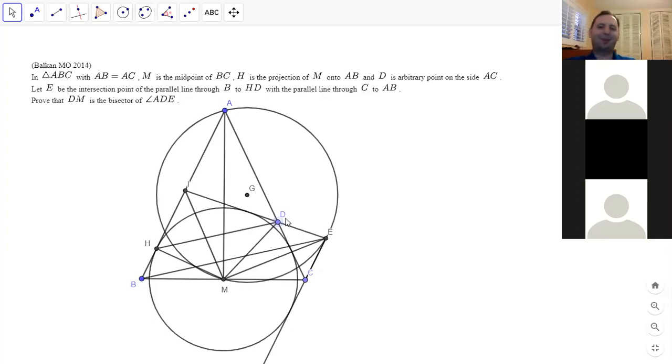Wow, there's so much stuff going on here. So it's almost like, what if we just started out by drawing the circle with center M and radius MH, and then we pick a point on it and we draw the tangent line here.